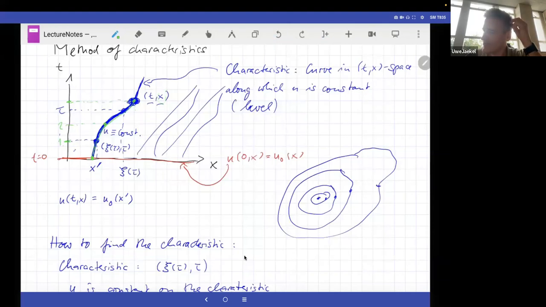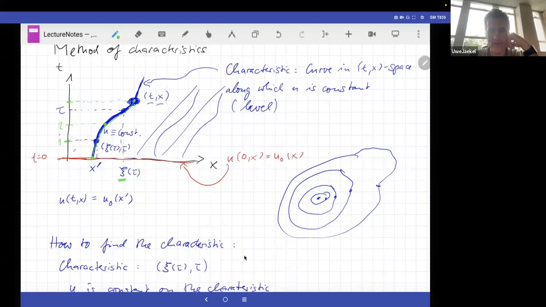As soon as your x position reaches x, you stop and copy the value of the initial condition where you started to this position (t, x). And the x coordinate, that was what I called psi.